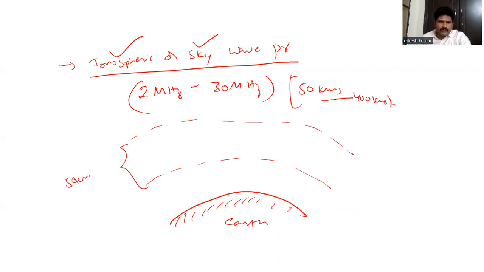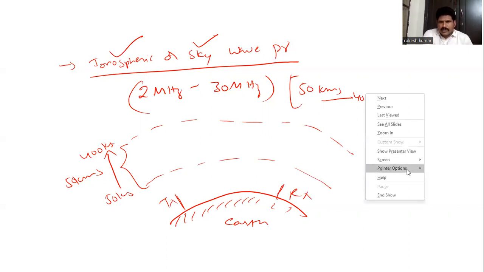It extends from 50 kilometers to 400 kilometers. Let us consider this is my transmitting antenna and this is my receiving antenna.